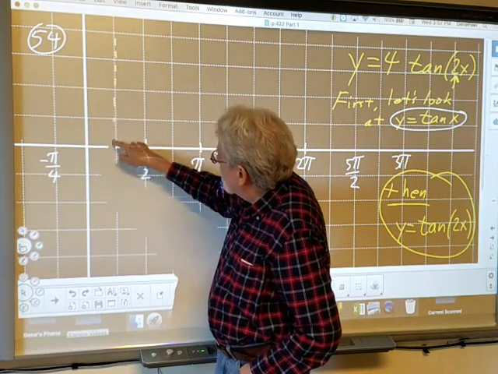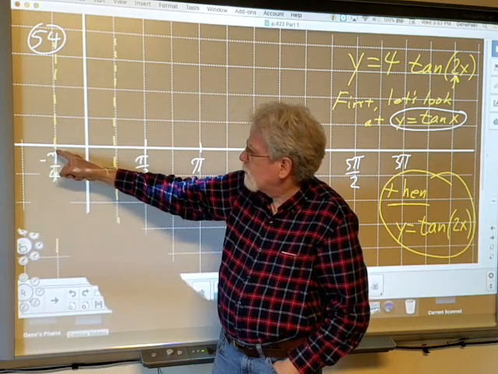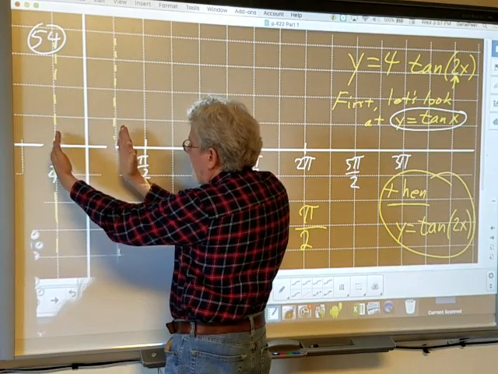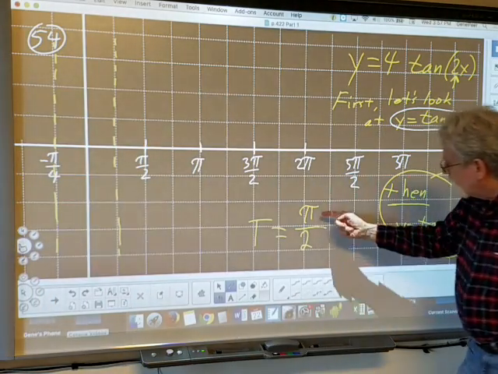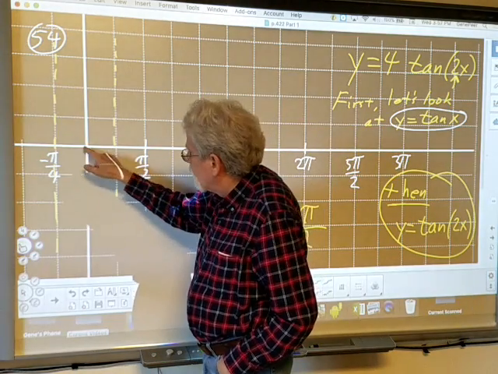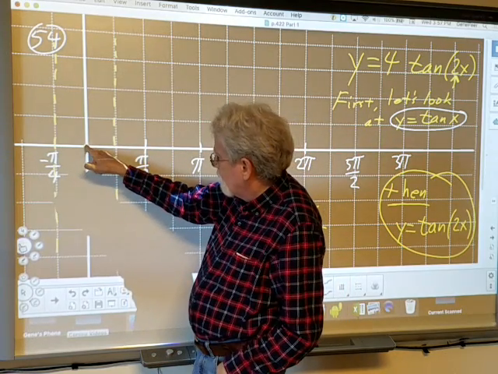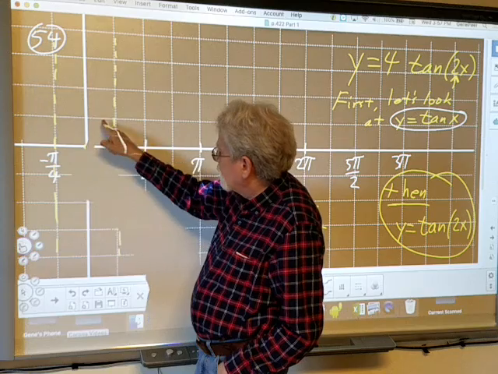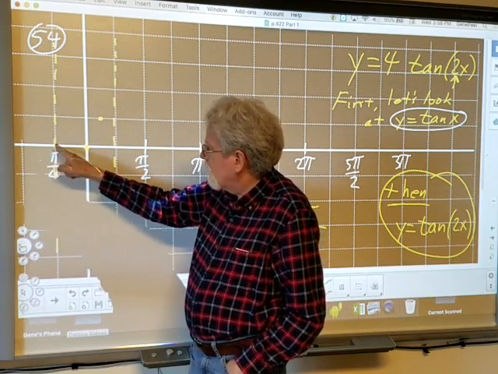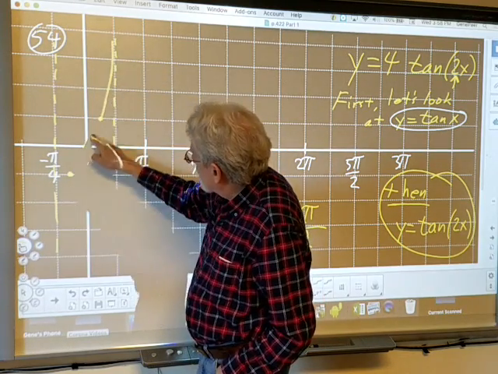Those become our new asymptotes, because between negative 1/4 and positive 1/4, we have a space of 1/2 pi, which is exactly what we need. We also know that it's going to, as usual, go through 0, 0. And halfway between 0 and the asymptote, it has to go through 1. And halfway between the 0 and the left asymptote, it has to go through negative 1. And so we end up with something kind of like this.